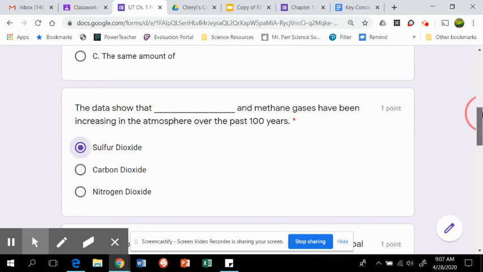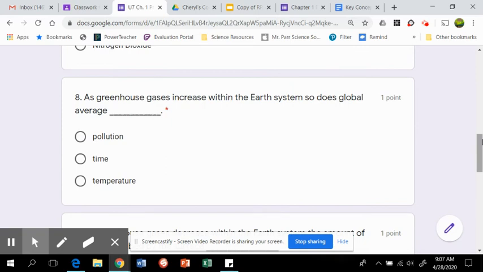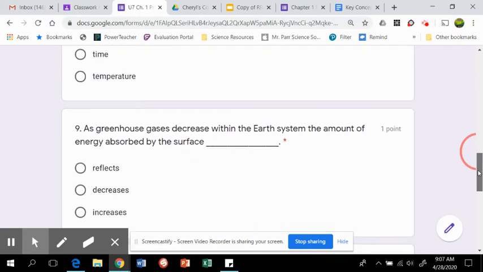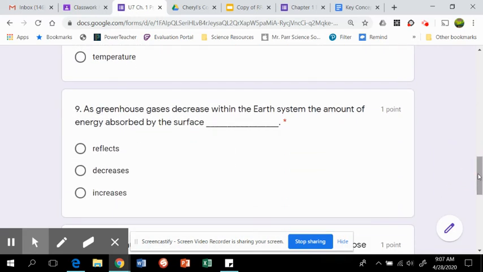Just trying to move on. Okay, 8, as greenhouse gases increase within the Earth system, so does global average blank. Would that be pollution, time, or temperature? Okay, 9, as greenhouse gases decrease within the Earth system, the amount of energy absorbed by the surface does what?